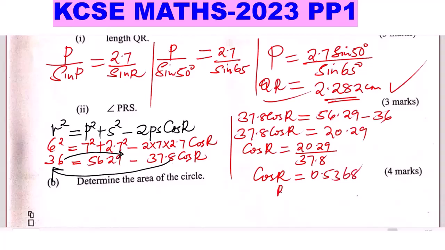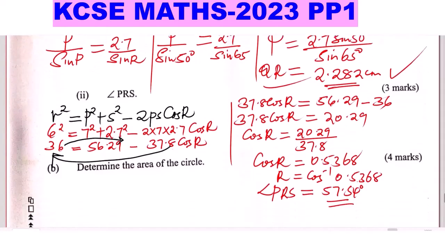To get R, you need to get the cos inverse of 0.5368. Cos inverse of that will give 57.54 degrees. And that is angle R, which is also angle PRS. That is the angle that you're looking for.